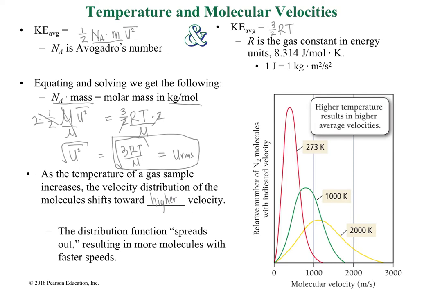We're just shifting, so that will lower the height of the curve. So we'll have, on average, molecules moving faster at higher temperatures, and we'll still have some molecules moving slow or way fast, but this is just the average. And at lower temperatures, we have a higher peak of that average.